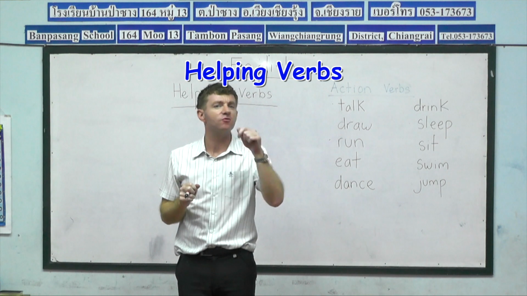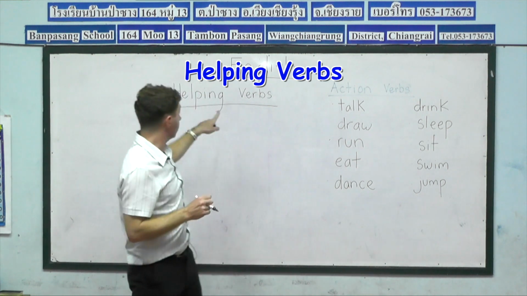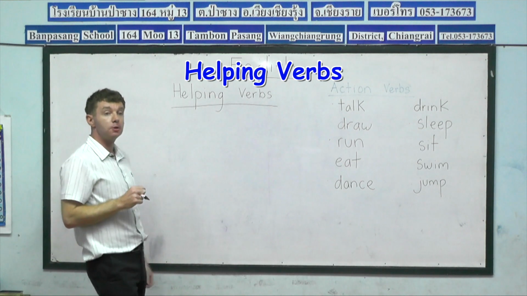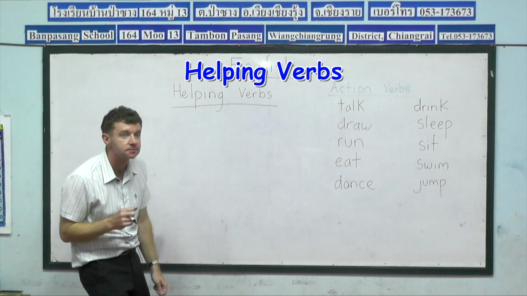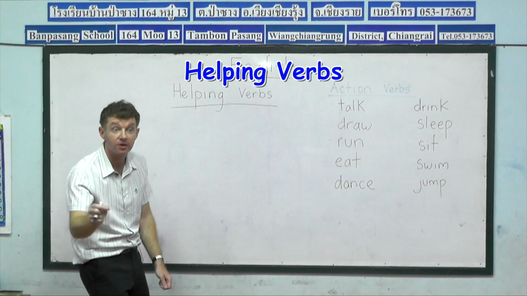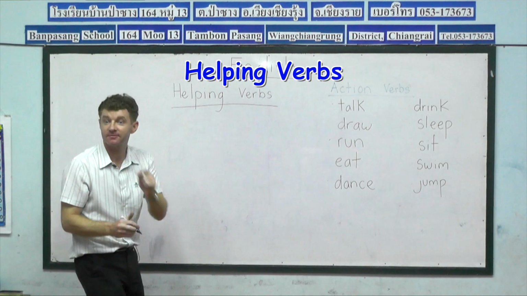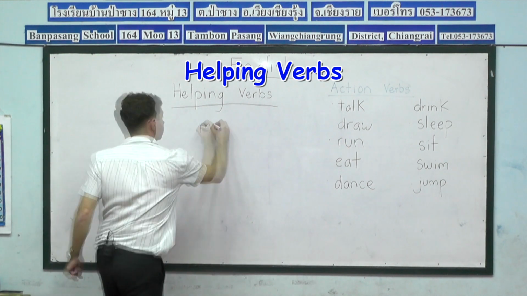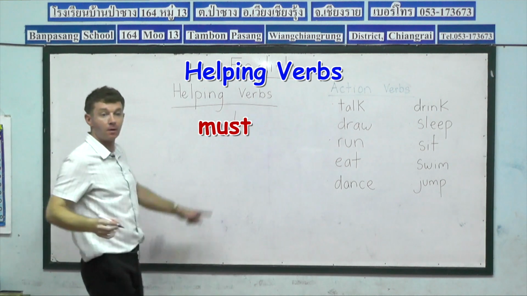And for this lesson, we're going to be talking about one helping verb in particular. Whenever we have to do something, there is one word that we can say, one helping verb that we can use, beginning with M. Anybody have any ideas? If we should do something, we say must. Must. M-U-S-T. Must.